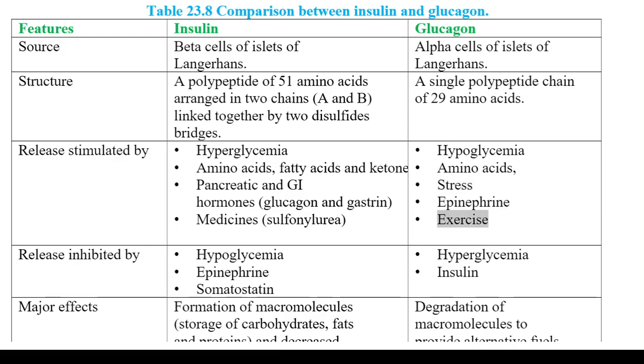Exercise. Release inhibited by: hypoglycemia, epinephrine, somatostatin; and for glucagon, hyperglycemia and insulin.